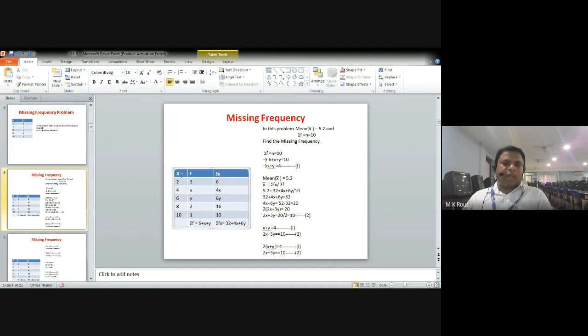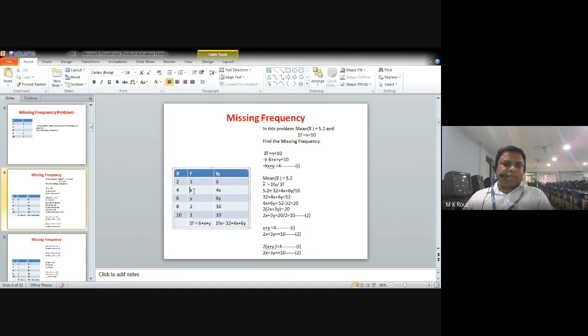Similarly, if you calculate fx, that is frequency into variable: 2 into 3, that is 6, 4 into x, that is 4x, 6 into y, 6y, 8 into 2, 16, 10 into 1, 10. The summation of fx is 32 plus 4x plus 6y. I repeat, first you have to arrange the x variables and their respective frequencies.